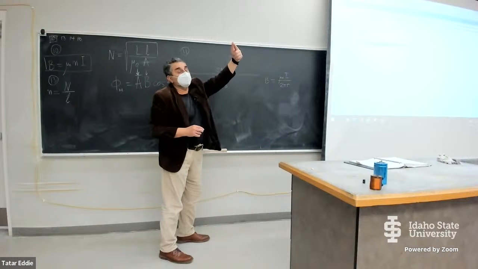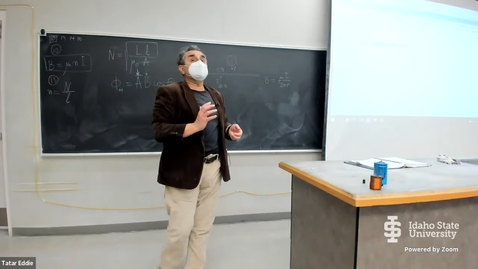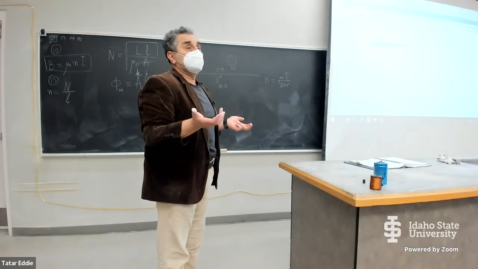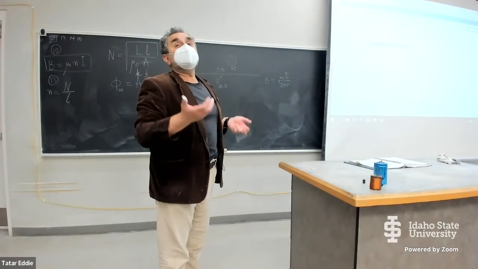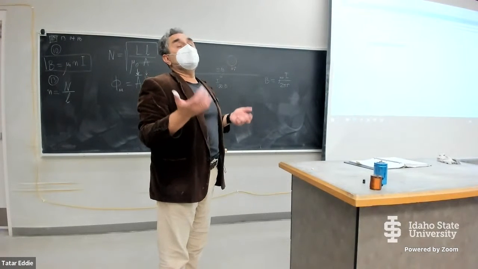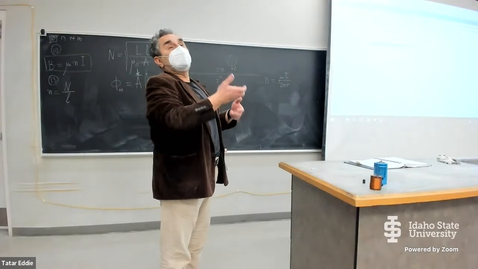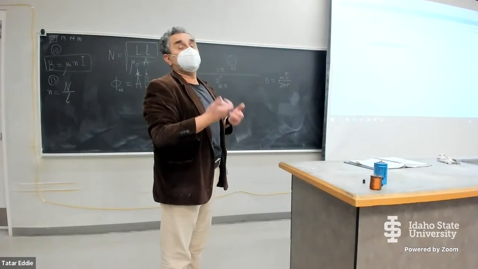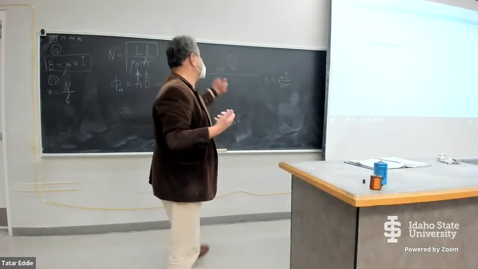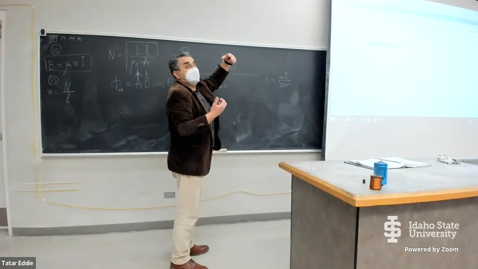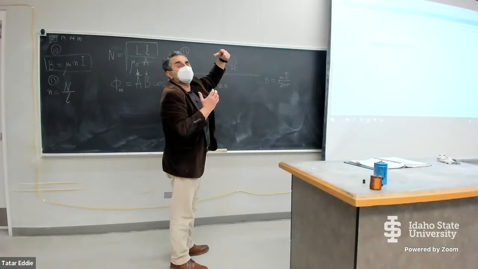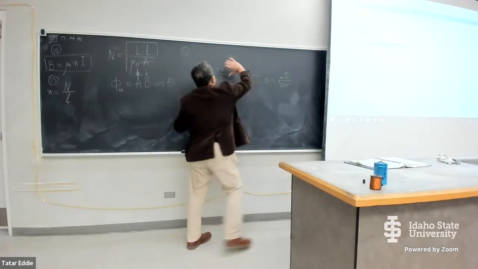It increases out of the board. According to Lenz's law, you want to generate current that induces a magnetic field in the direction to prevent, to fight this change, this increase of flux out. In other words, you want to have an induced magnetic field in.